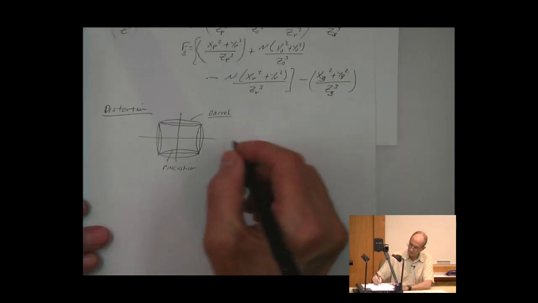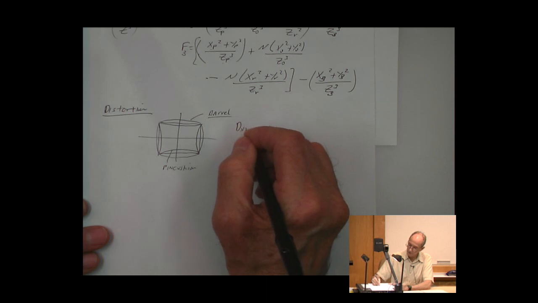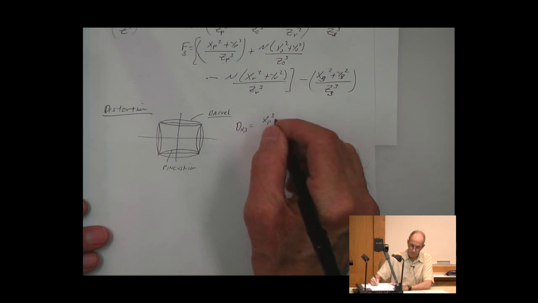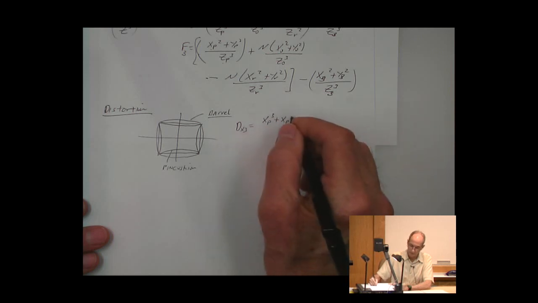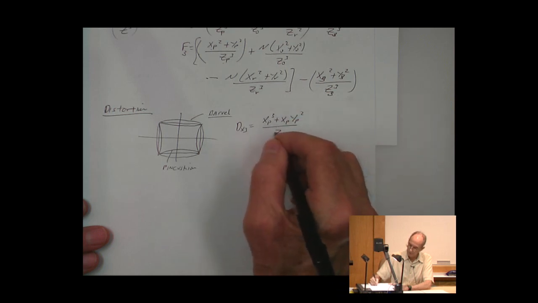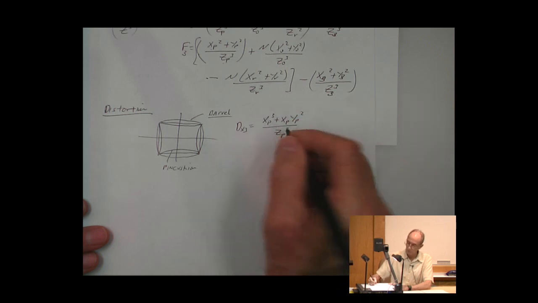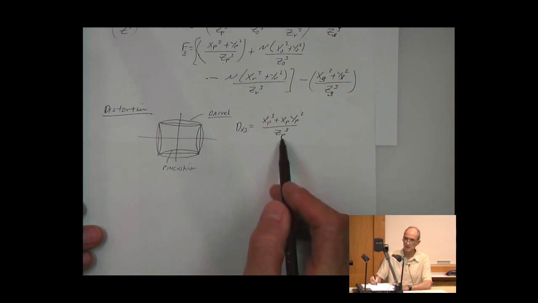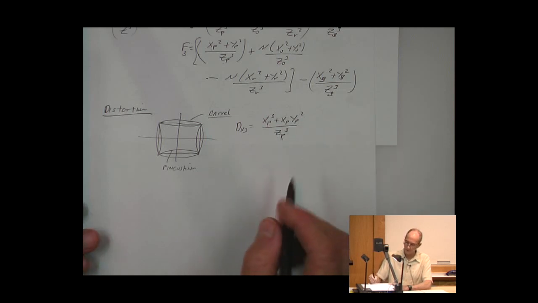And so we have here dx3, for instance, has the functional form of xp cubed plus xp yp squared over zp cubed. So this one has a cubed in the lateral dimension in the numerator and a cubed in the axial dimension in the denominator.